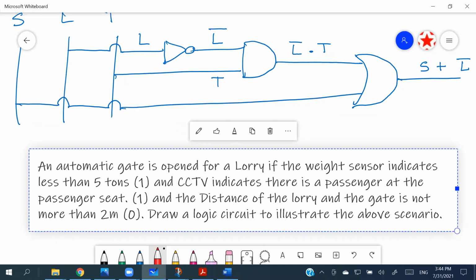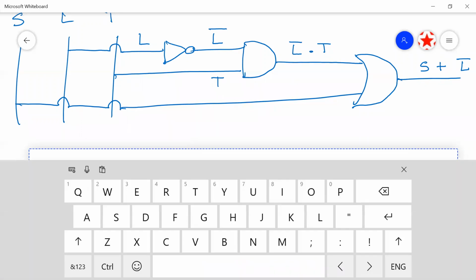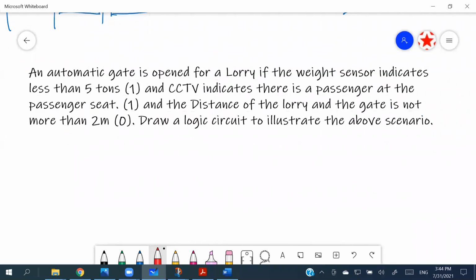There is a slight addition at the last point. Doesn't matter, you can write.